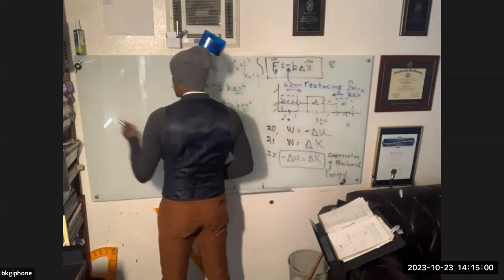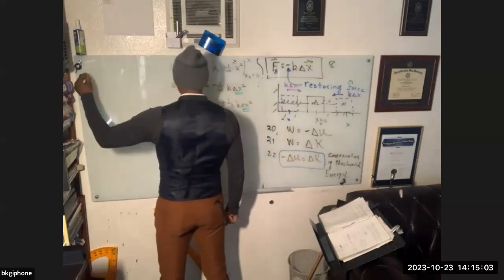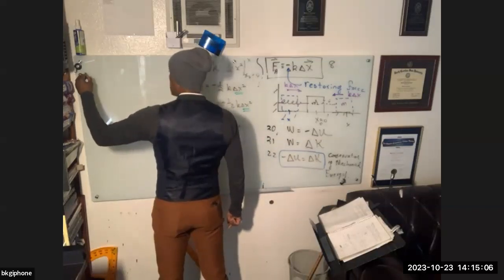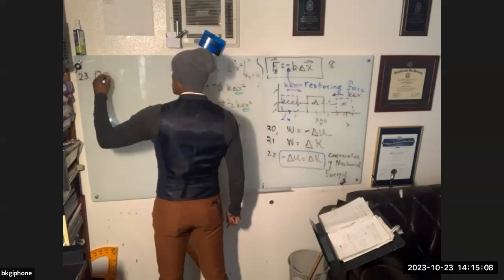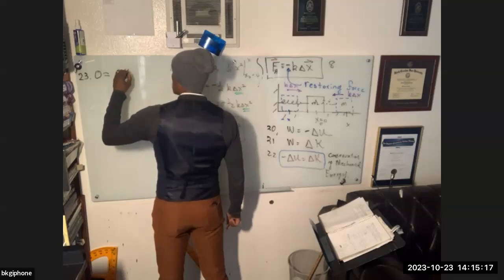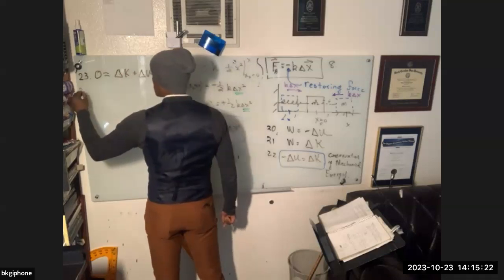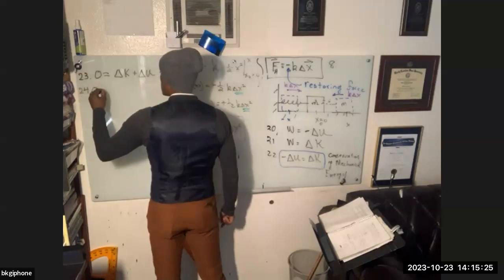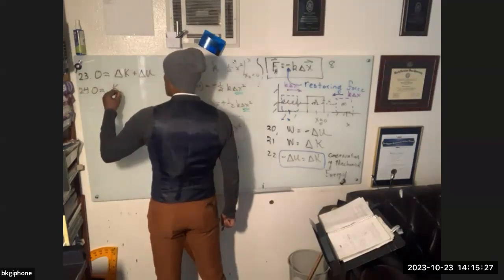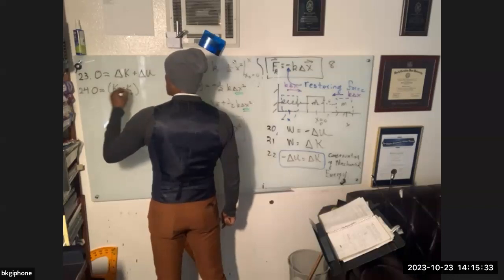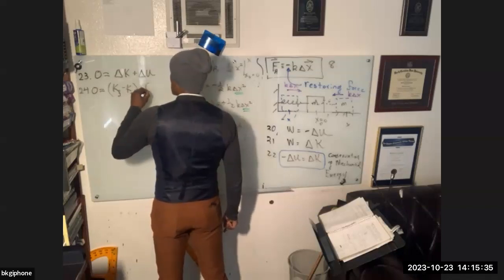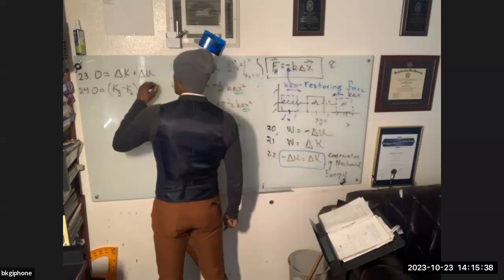I'll take the minus delta U over, so we'll have 0 equals delta K plus delta U. But delta K is equal to K final minus K initial, and of course this is plus U final minus U initial.